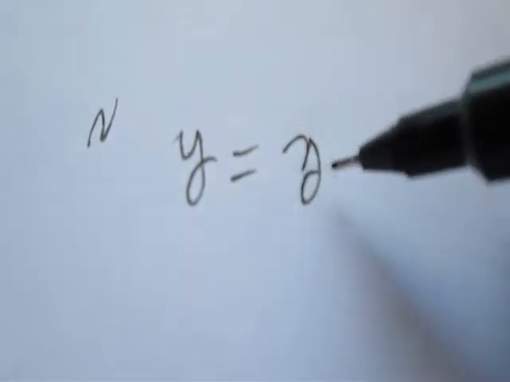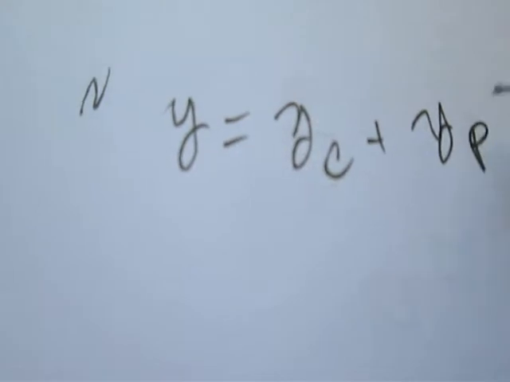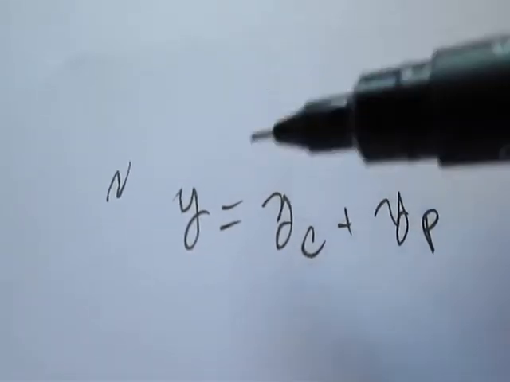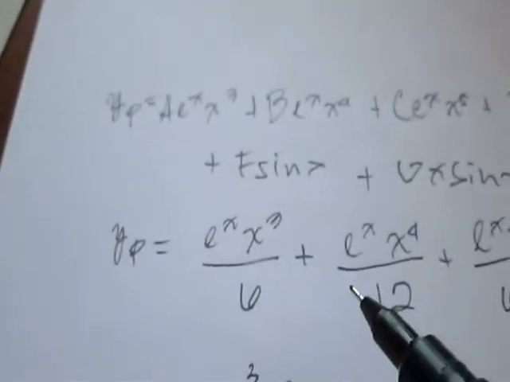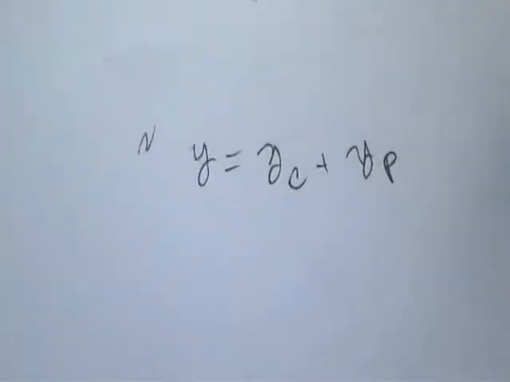Now since we have y equals yc plus yp, we just add the yc that we got a while ago.